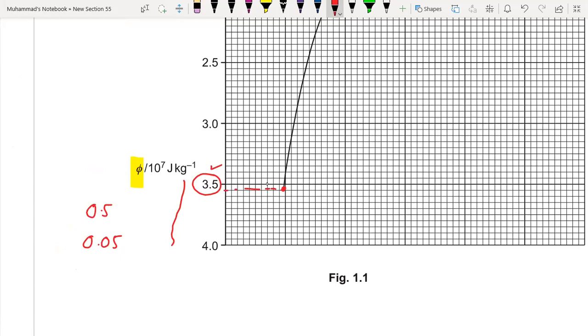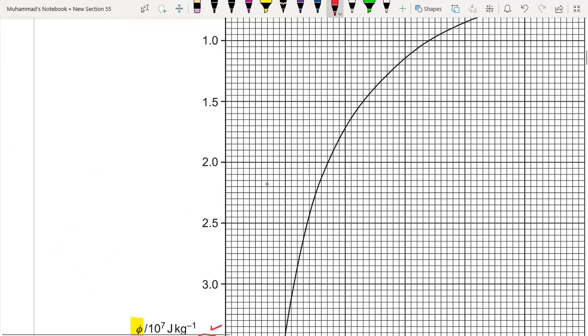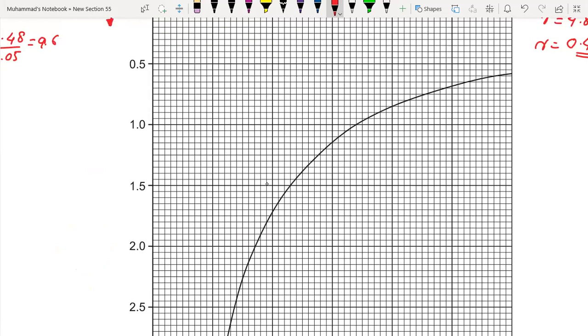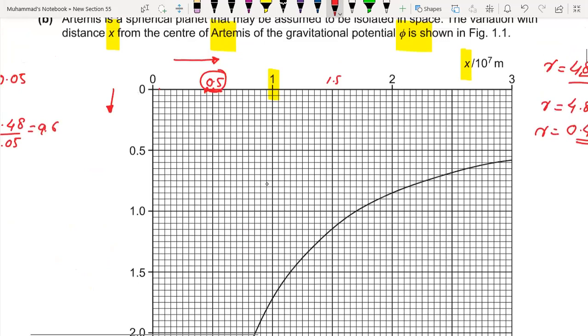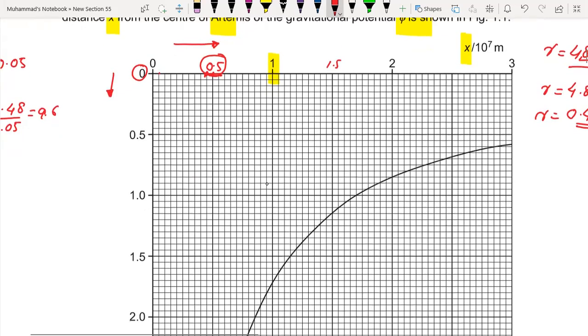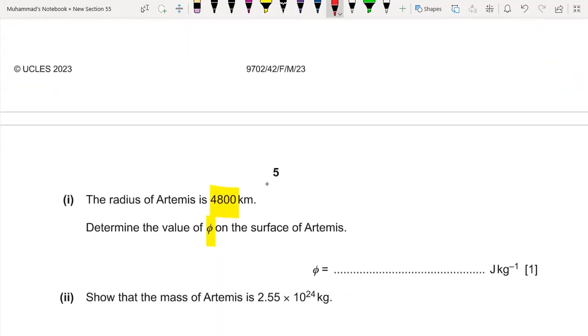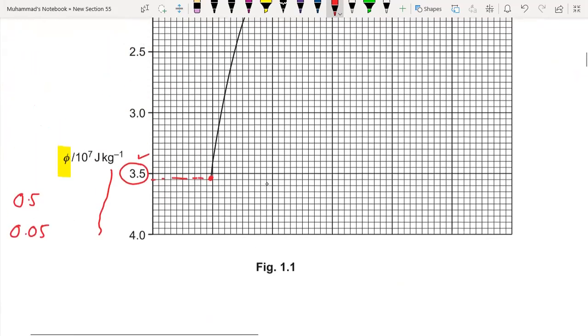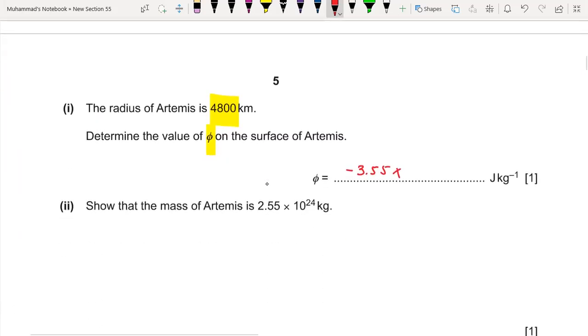That is 3.55. And be careful that the gravitational potential is always negative, and the negative signs are not written over here, but it is understood that the gravitational potential is negative. So the value of the gravitational potential on the surface of the planet is minus 3.55 times, you have to write this scaling factor as well, times 10 to the power 7.